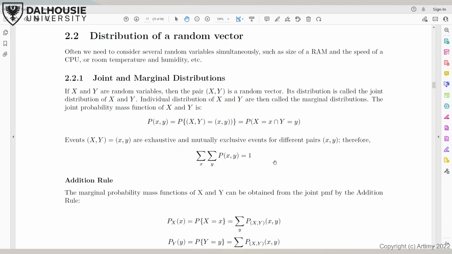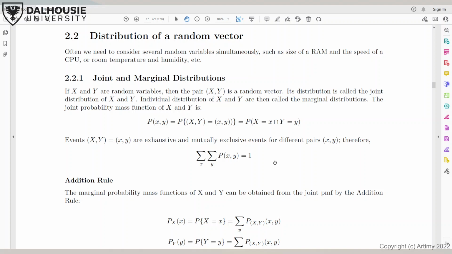You could say that every time the CPU load is high, it probably means we're using more memory. But the CPU could also be high because it's crunching a lot of numbers, while the memory is not being used much, right? So these two variables can be dependent or independent. That has nothing to do with joint distributions. Joint distribution just means that we are talking about distributions of two or more random variables at the same time, right?